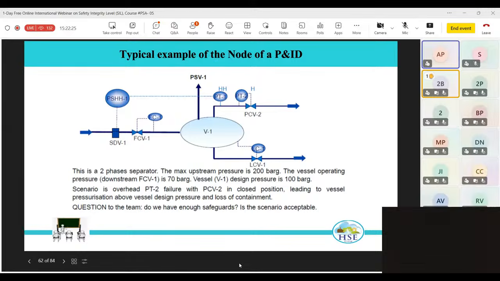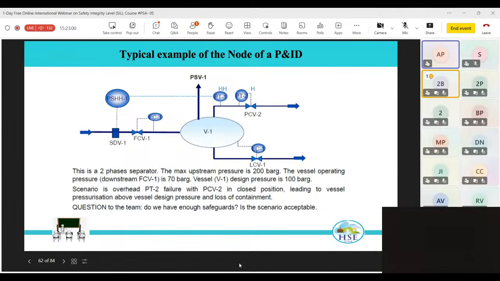Also, the upstream pressure of SDV1 is quite high, and if PCV2 fails and this pressure keeps on rising, there is no other way but to ensure that the PSV1 pressure should be high, but as I said, we will consider the safeguards later. So there is a scenario here where rupture of the vessel is possible.